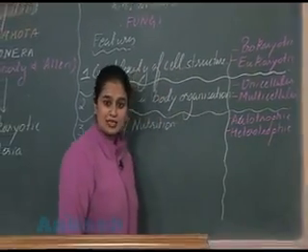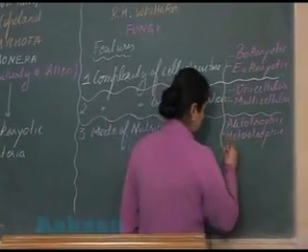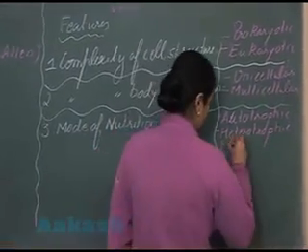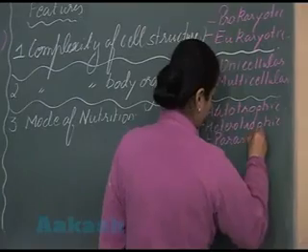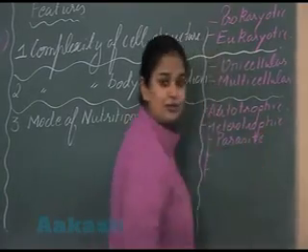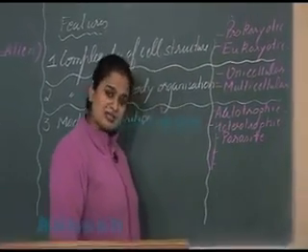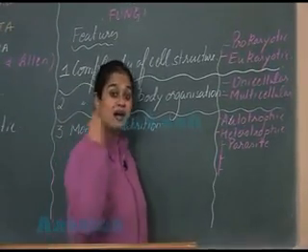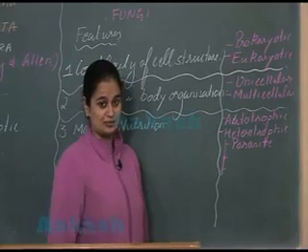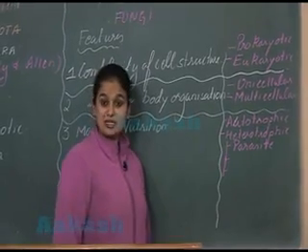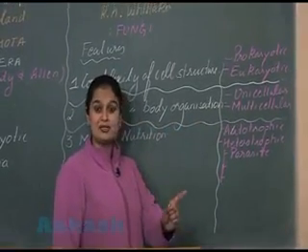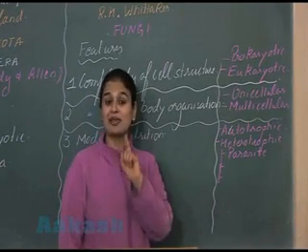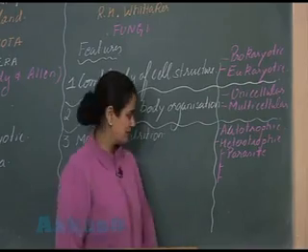If the organism is heterotrophic, then three categories can be there. Whether the organism is a parasite, showing parasitic mode of nutrition. Parasitic mode of nutrition means the organism is deriving food from another living organism, and you have studied in previous classes that this living organism is known as host.